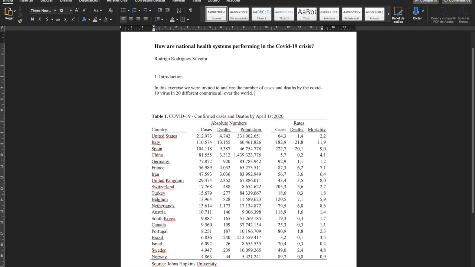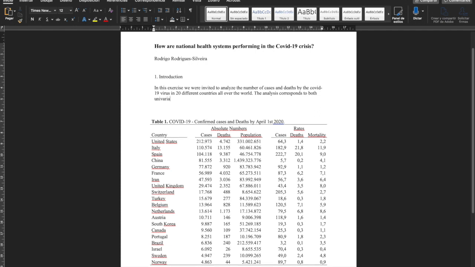So the first part, the introduction, is where you describe a little bit the analysis, which corresponds to both univariate and bivariate exploratory analysis.